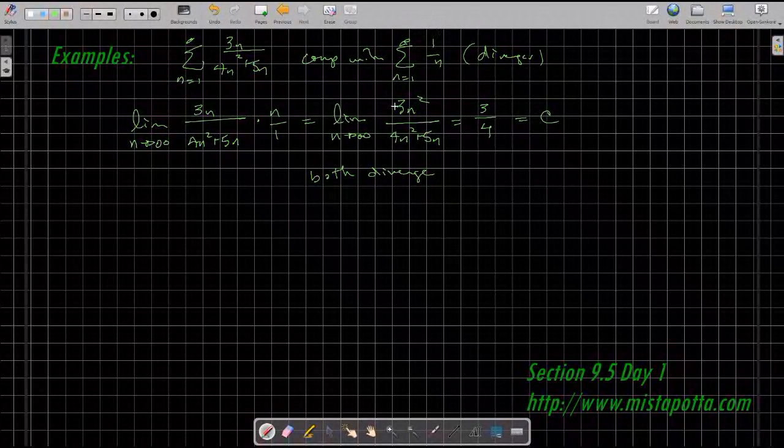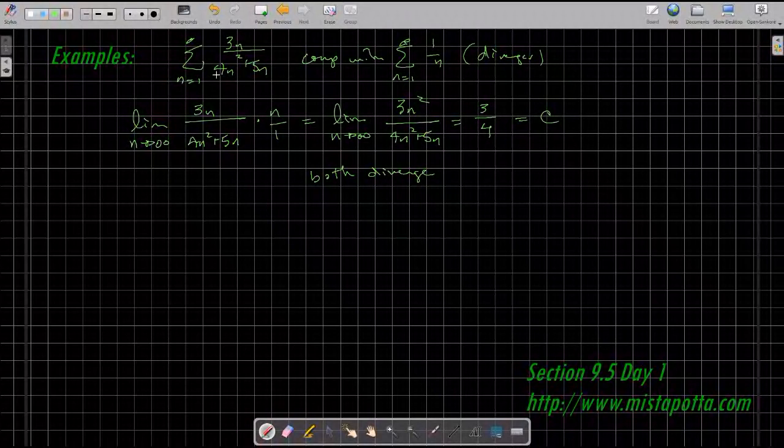But that means that this series over here, which looks a lot more complicated, looks like it might have a chance of diverging, because the terms are getting smaller. This one also has to diverge.